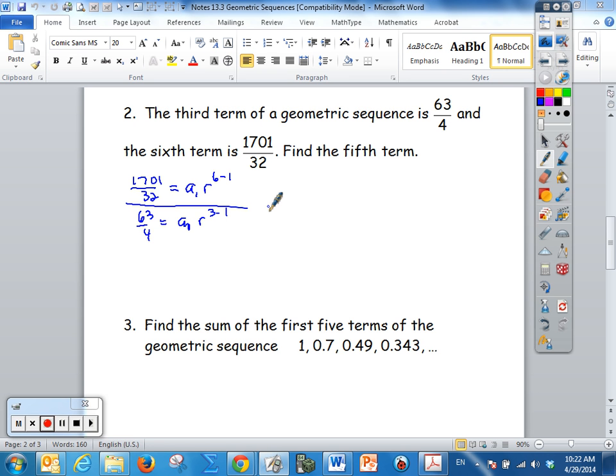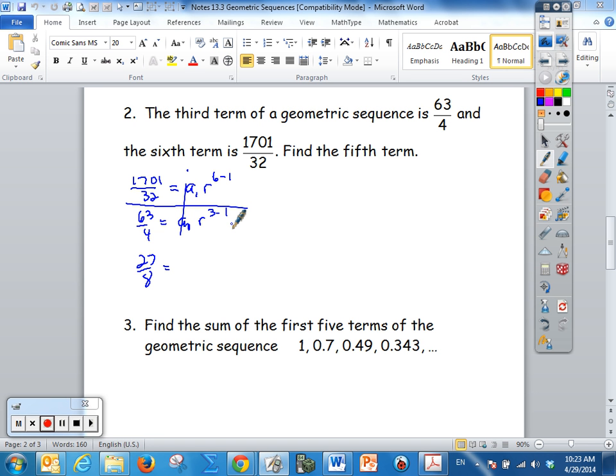So I would put these numbers in my calculator and divide them, and I would end up with 27/8 after I put those numbers in my calculator. The a sub 1s, they cancel out, don't they? They're gone. So basically what I have left is r to the 5th over r to the 2nd.